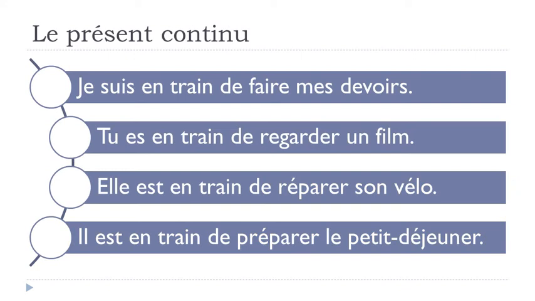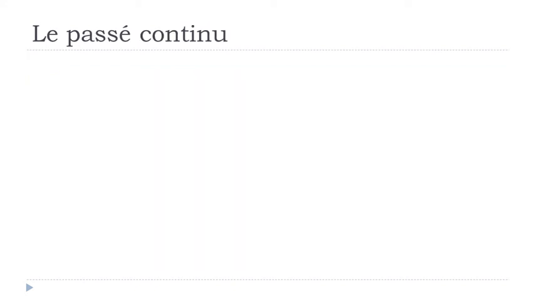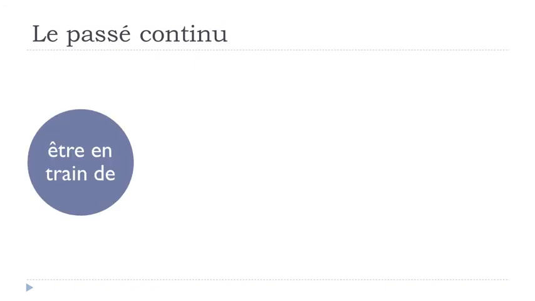But then if you think about that, well, it would be possible to transpose that at the past as well. Why not? So, let's call it le passé continu. And it's possible because, well, the idea is that you just use the same structure, être en train de, okay? But think about that because we've been covering the past tenses already, and it would be a bit strange to use this passé composé tense, because normally we tend to use this passé composé when we want to express actions, okay?